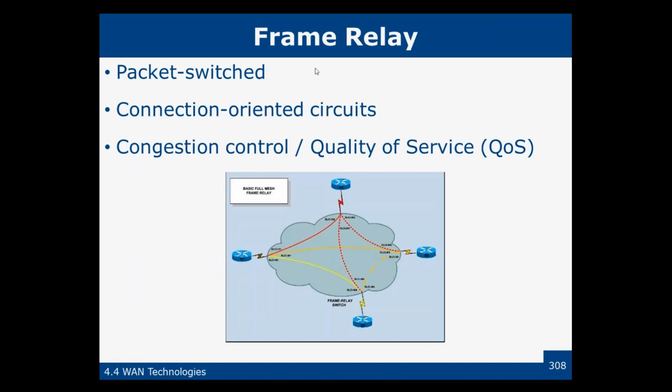The frame relay goes back some time, and it's been popular for years. It's a packet switched network, and this is just a simple version. It uses DLCI, the data link connection identifiers.